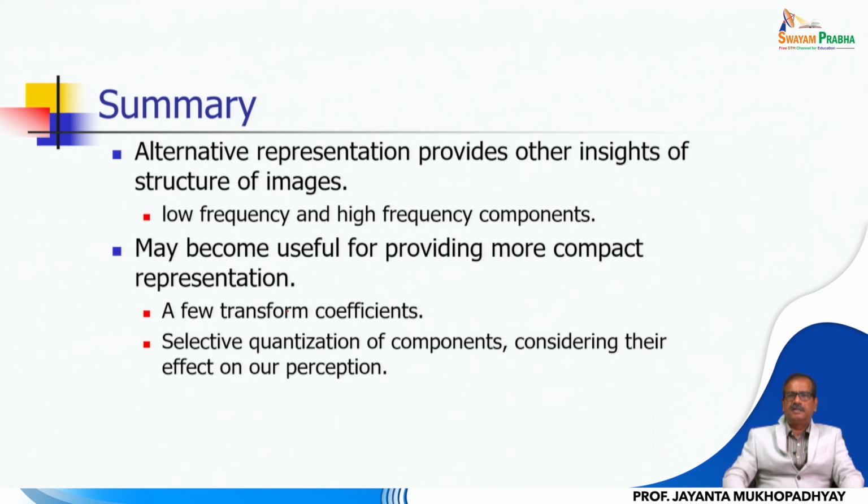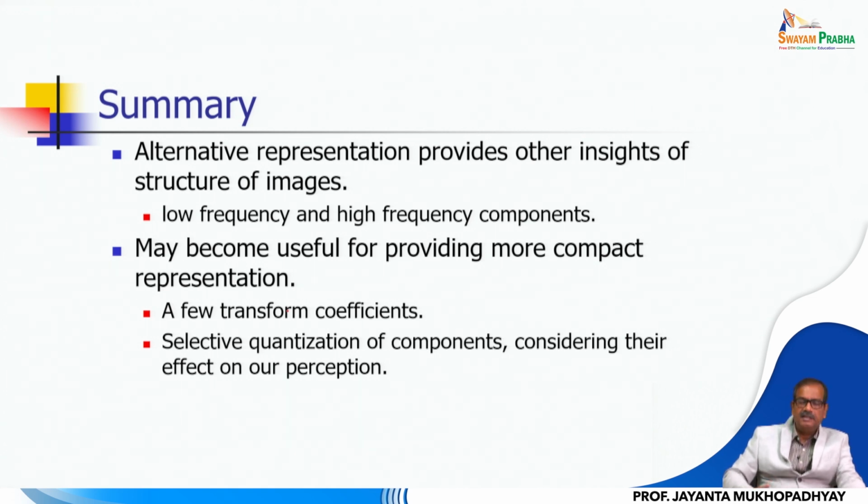And this is what is used in various compression standards, because using human perceptual behavior of certain frequency components, if we can have a model, we can selectively quantize those coefficients.